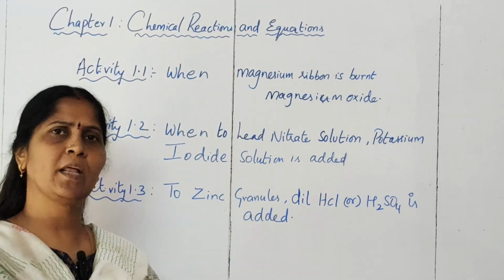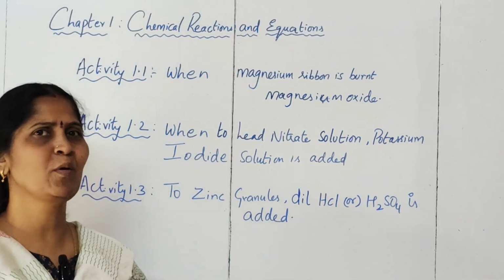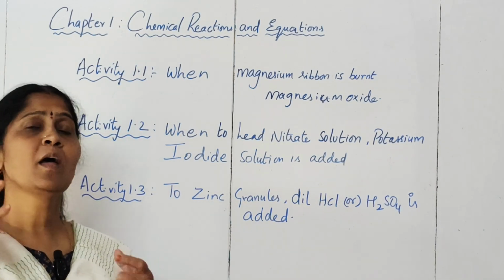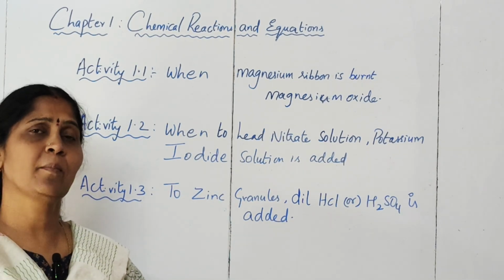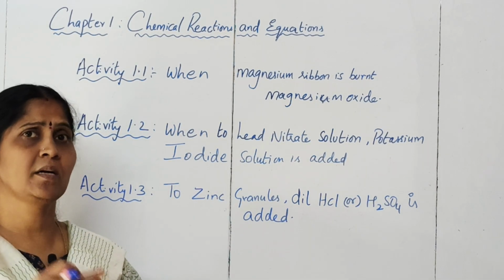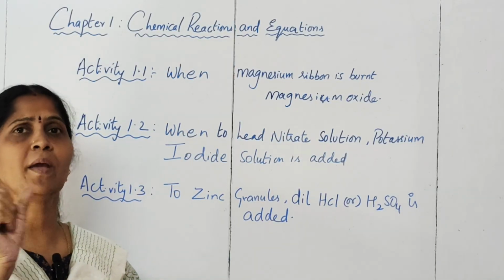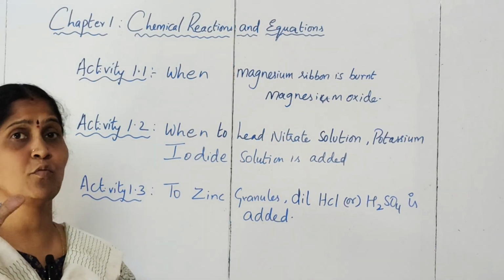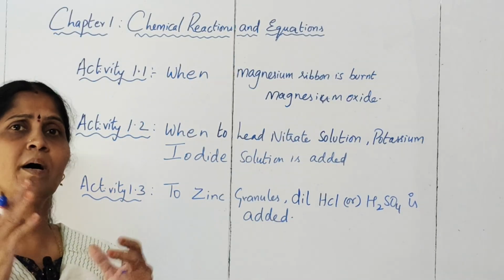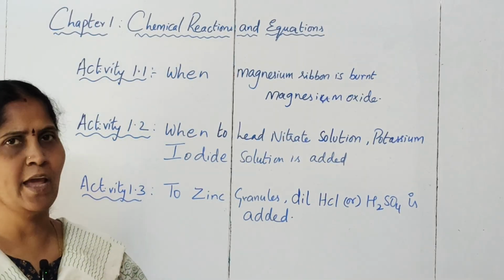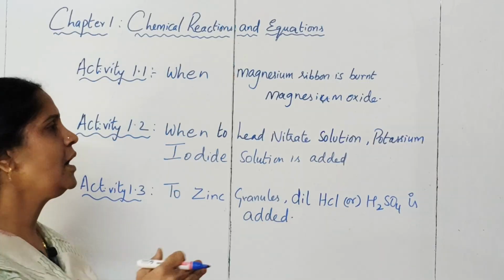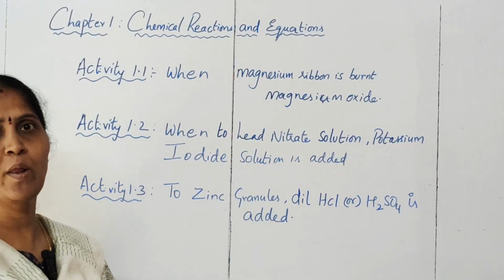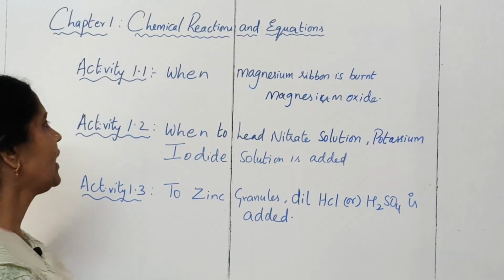If you directly put it in the flame, it won't burn properly unless you rub it with sandpaper, so that the metal atoms get activated on rubbing. The magnesium oxide coating will go, and then when you introduce it into the flame, the magnesium ribbon burns with a white dazzling flame, and finally you get a white powder of magnesium oxide. So this is a chemical reaction.